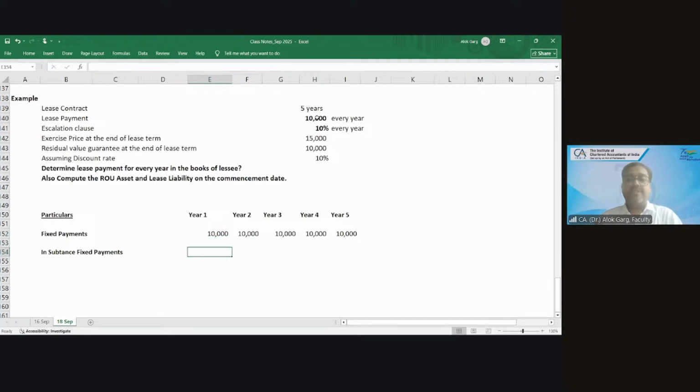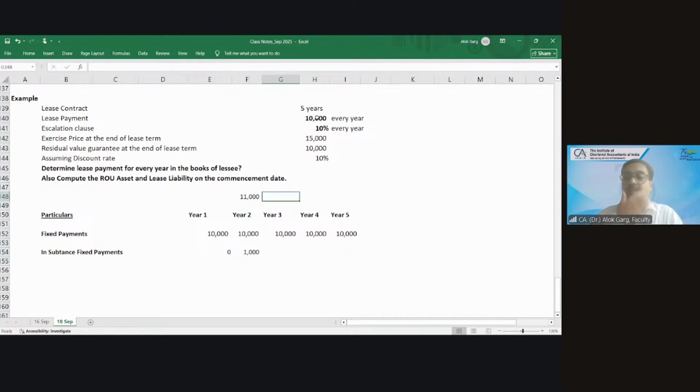So what is the in substance fixed payment in the first year? Zero. What is the total rent in the second year? 11,000. 10,000 multiplied by 110%, 11,000. So in substance fixed payment in the second year is 1,000.